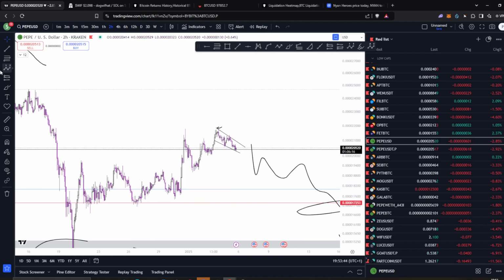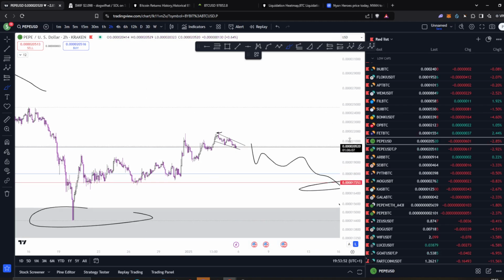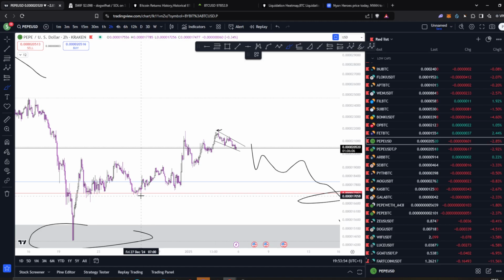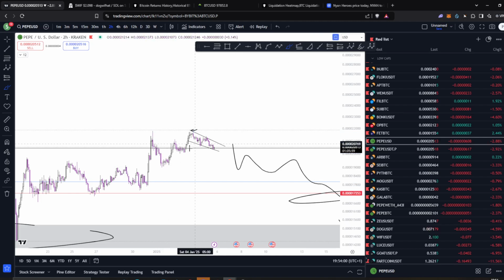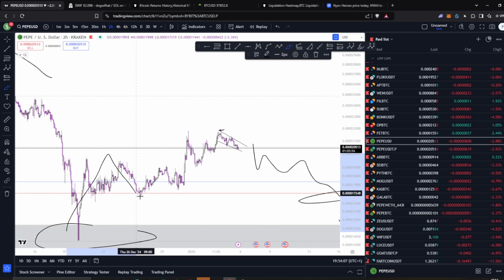If you look at this as a wave count, it would not be an easy wave count, that's for sure. You have so much chop. 1, 2, 3, 4, 5. But you have a three-wave structure in this, and this doesn't make sense. 1, 2, 3, 4, 5.